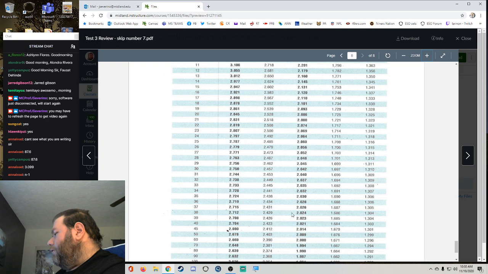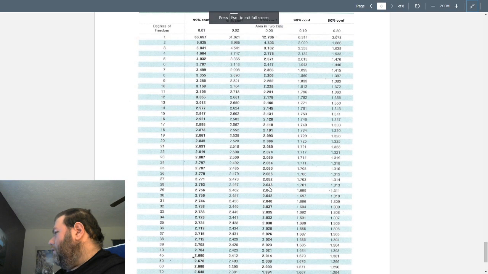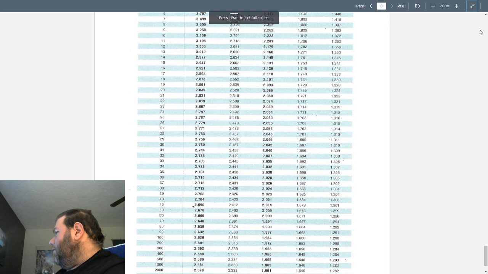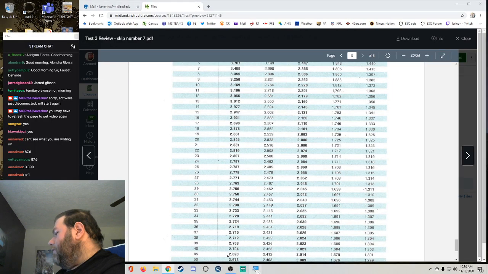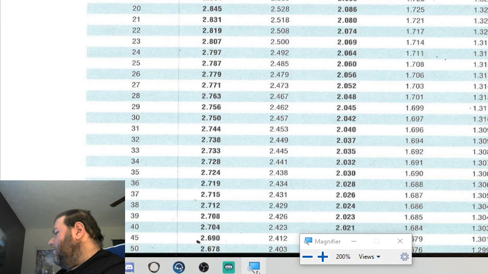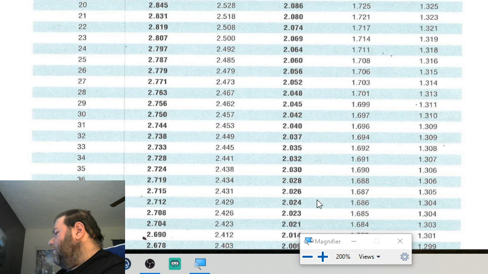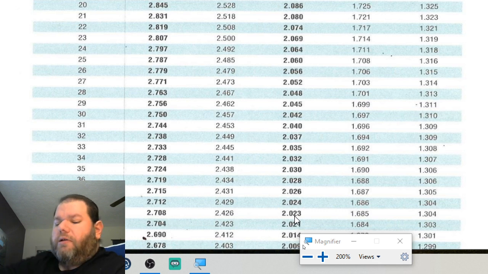Can y'all see that okay on your screen? It's about as big as I can make it. Well, actually, I can go a little bit larger. Yeah, so 39, and we go across, and then here's 2.023. So I'll write that down real quick.